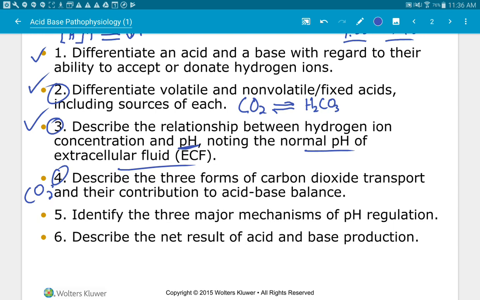Beware: if the CO2 is dissolved, it has no effect on acid-base, right? There are no hydrogen ions, and we know that hydrogen ions are all that matter for acid-base. So dissolved CO2 doesn't affect it. The CO2 that's bound to the hemoglobin doesn't affect it. Again, there's no hydrogen ion change. Of course, the one that makes the bicarbonate and the hydrogen ion affects pH very much so.